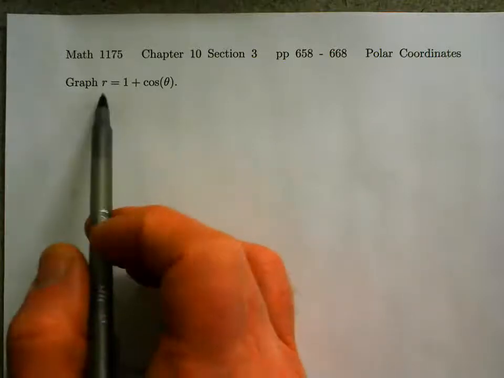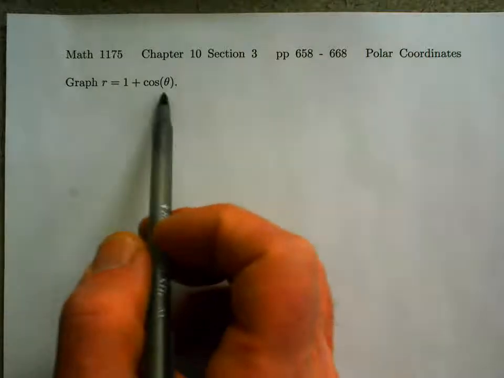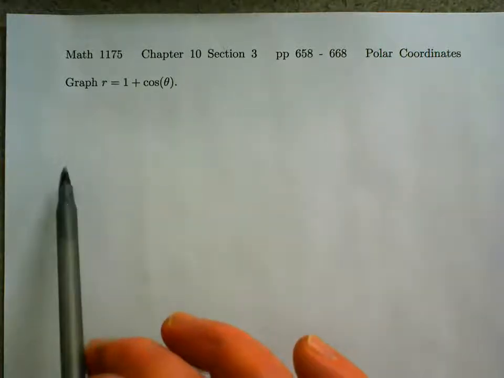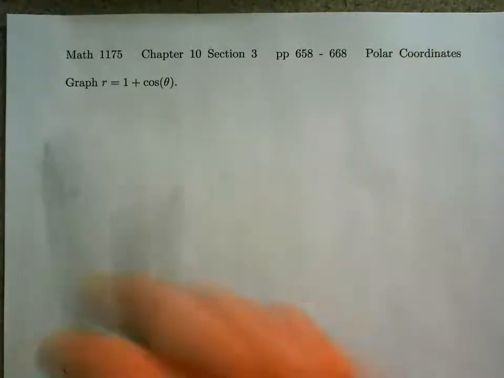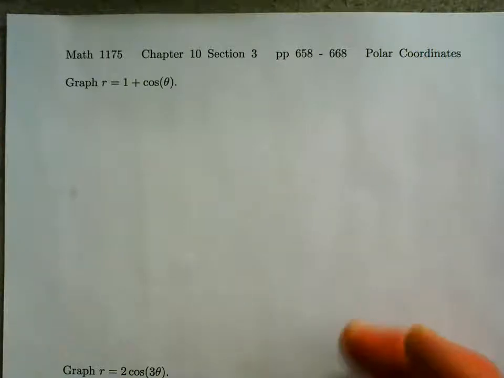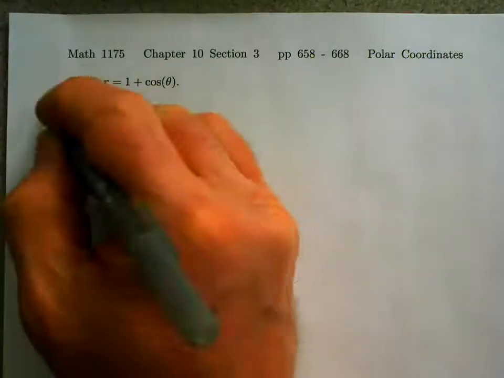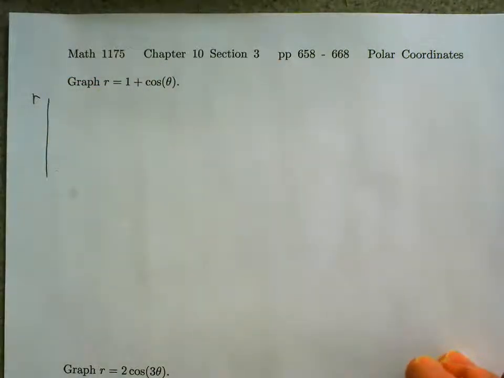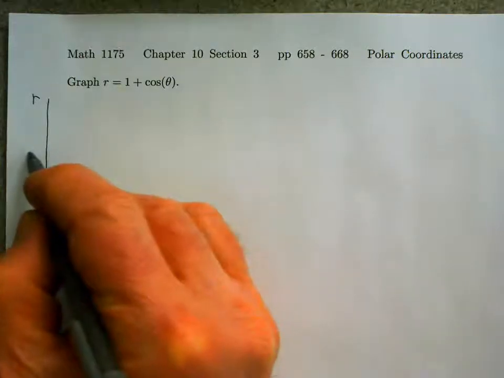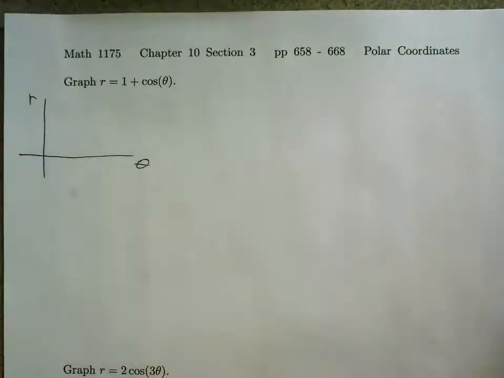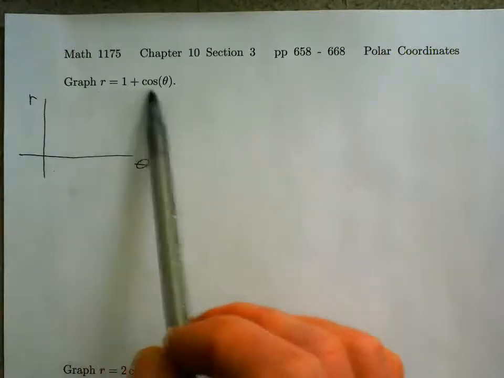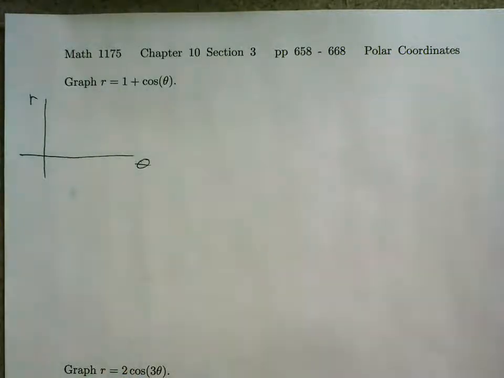That is, graph r equals 1 plus cosine of theta in rectangular coordinates, and then we can use that graph to graph the polar curve. So in rectangular coordinates, the vertical axis is r, and the horizontal axis is theta. So this is analogous to y equals 1 plus cosine of x, if you want to think of it that way or relate it in that way.